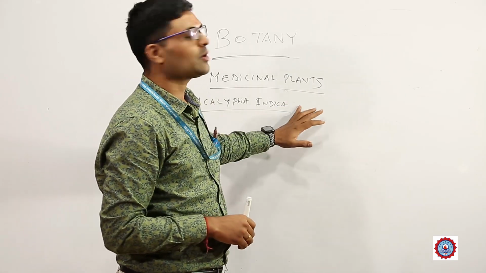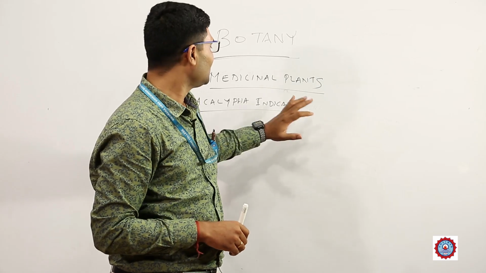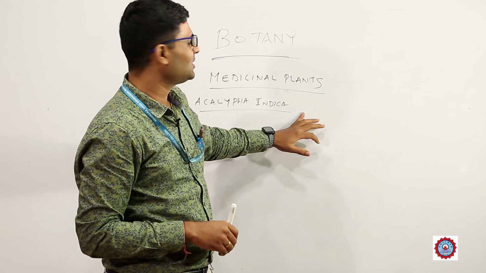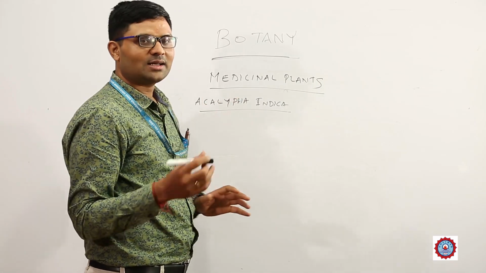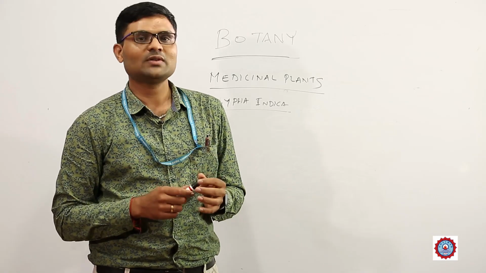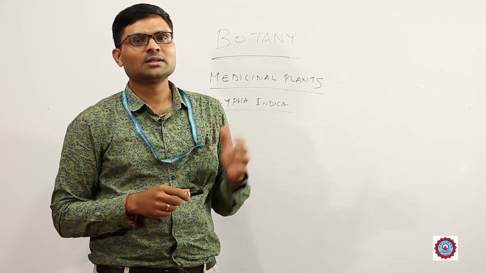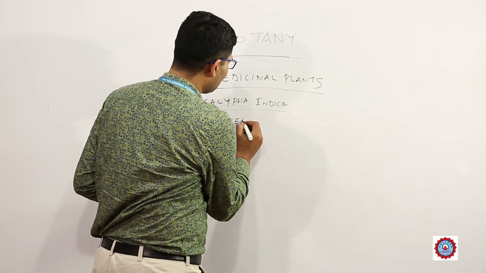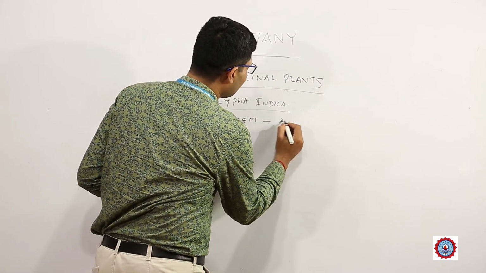There are a lot of medicinal properties inside this plant, right, but we fail to use them because of lack of knowledge, right. In the same way, mostly in South India, South Indian families, everyone knows about neem, right? Neem plant. It is also known as Azadirachta indica.